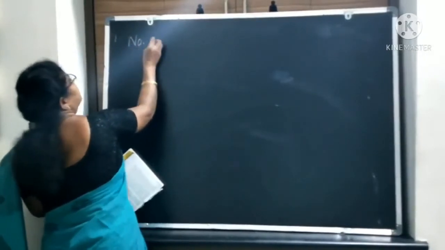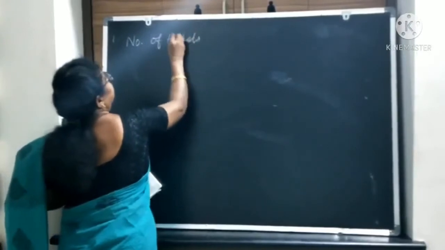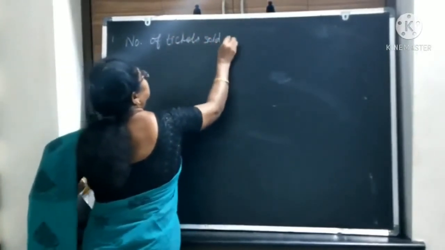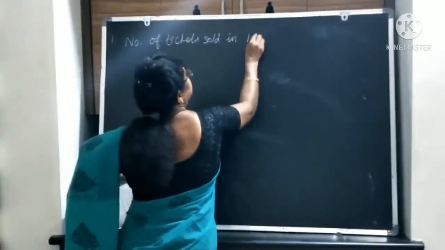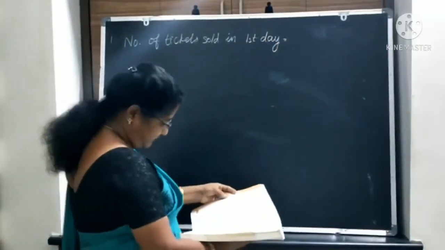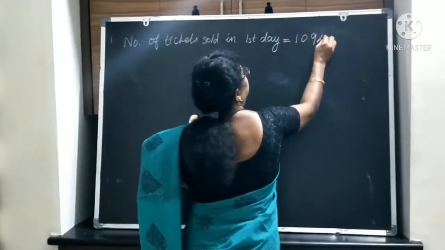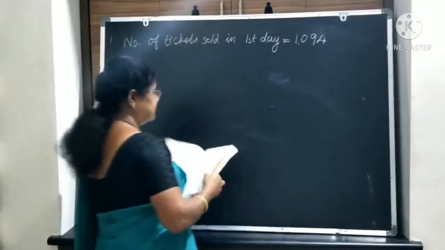Number of tickets sold on the first day. How much on the first day? 1094.